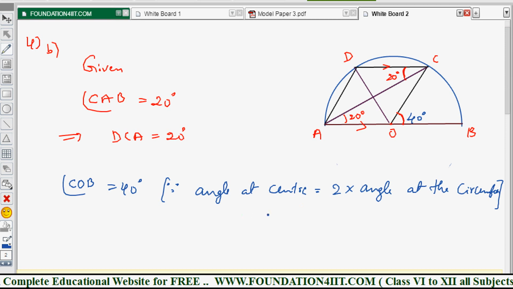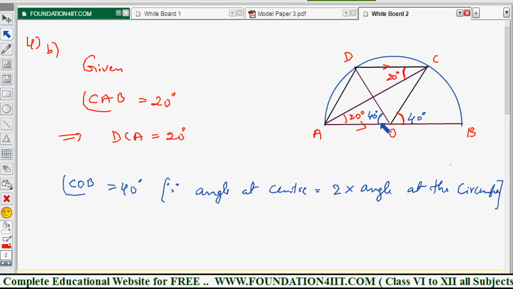Now, what we need to find out: first one, DOC. We need to find angle DOC. And we got DOA. Now observe this part once. The angle at the center is double the angle at the remaining part, so this must also be 40, because AD is the arc, and the angle is subtended at the center from these two edges to the remaining circumference.